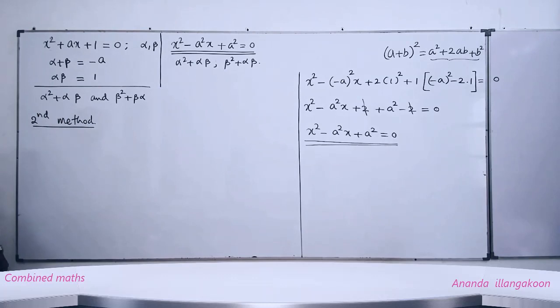The second method is this, people. We need to find the quadratic equation whose roots are this and this.